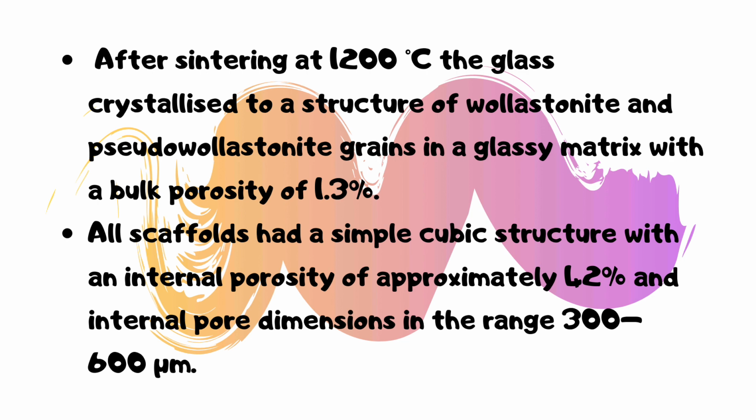All scaffolds had a simple cubic structure with an internal porosity of approximately 42% and internal pore dimensions in the range 300 to 600 micrometers. These 3D scaffolds will be referred to as 300 scaff, 400 scaff, and 600 scaff respectively.